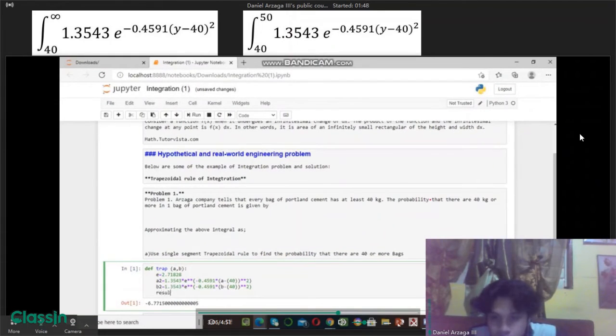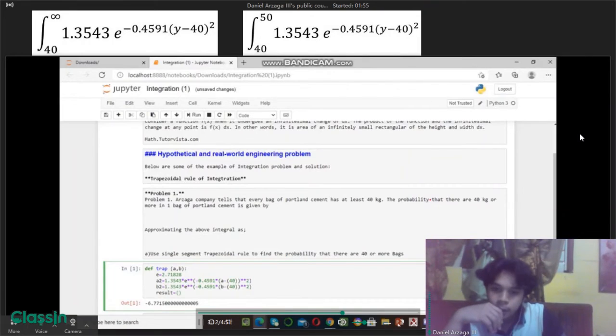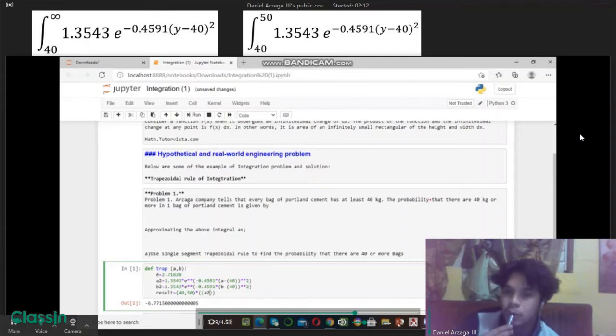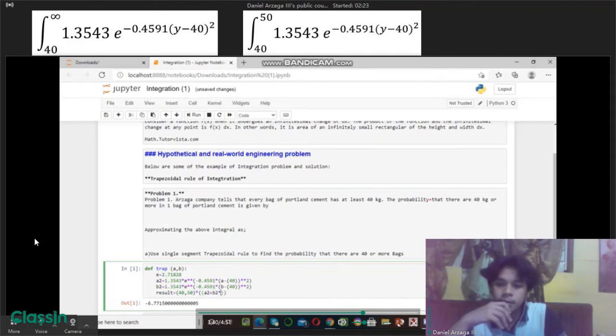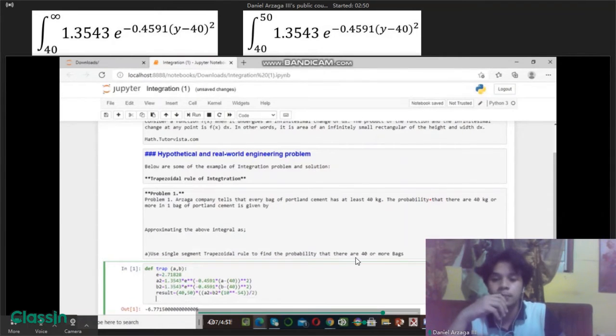So, type result equals open close parenthesis 40, comma 50 times A2 plus B2, then times 10 raised to negative 54, divided by 2.